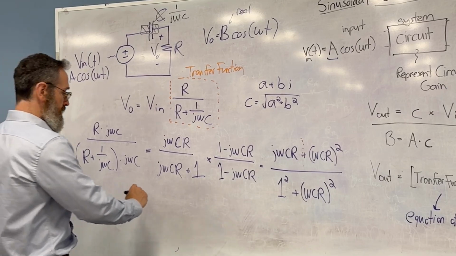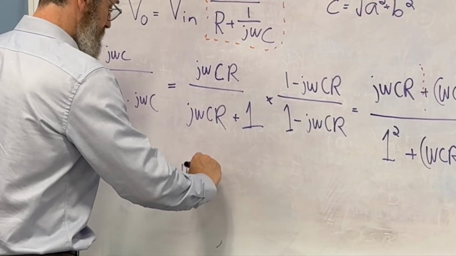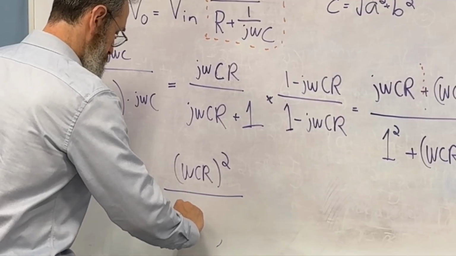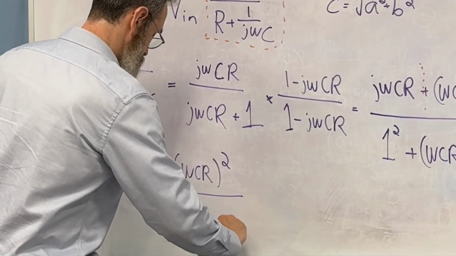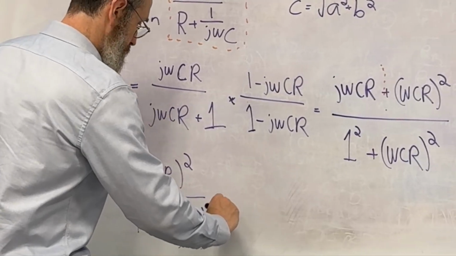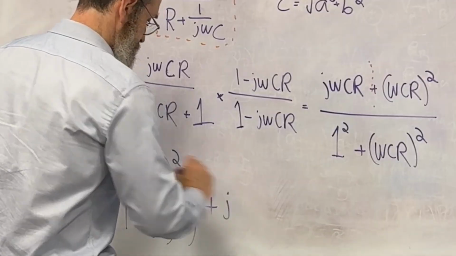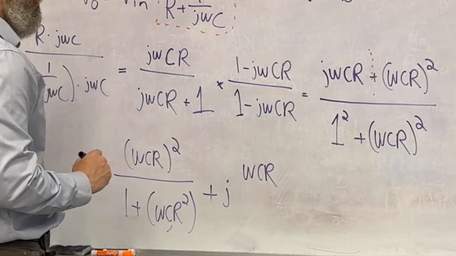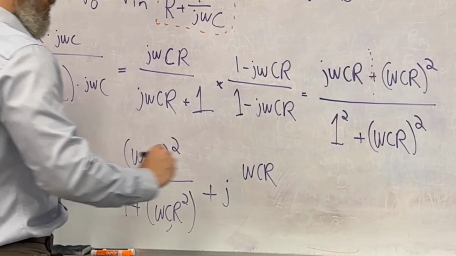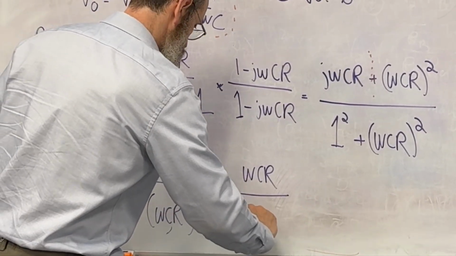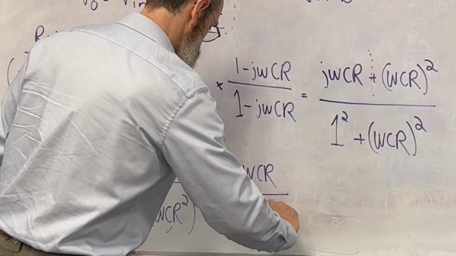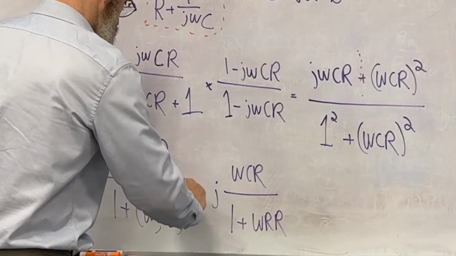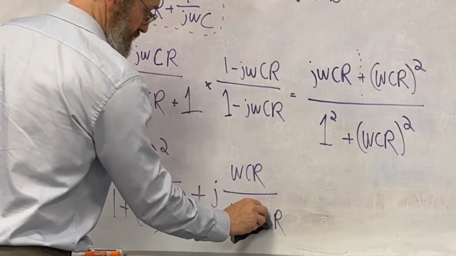So the A is going to be WCR squared over 1 plus WCR squared, plus the J times WCR over 1 plus, oh, this whole thing is squared, WCR squared.